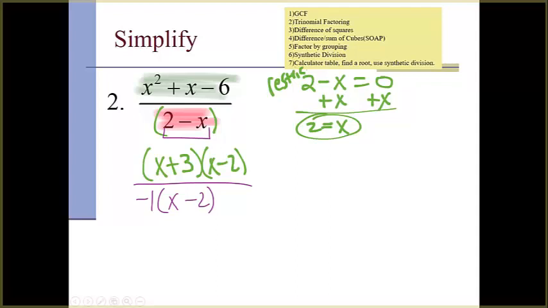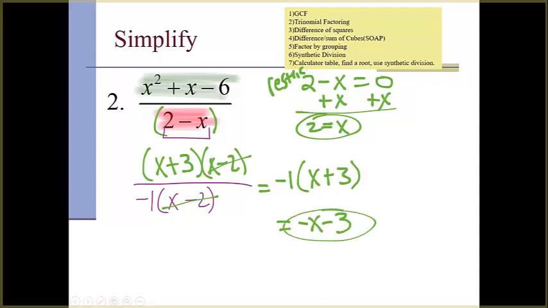So if I do that, now I have a married couple of x minus 2 canceling out with a married couple of x minus 2. So now I have a negative 1 and an x plus 3. That's one acceptable answer. I would also accept negative x minus 3. Okay, so this trick of factoring out a negative 1 when you see the opposite, or the x is negative in a binomial, that's 2 parts, you're going to see that quite often, so make sure you note that in your notes.